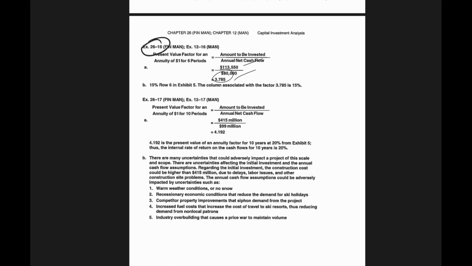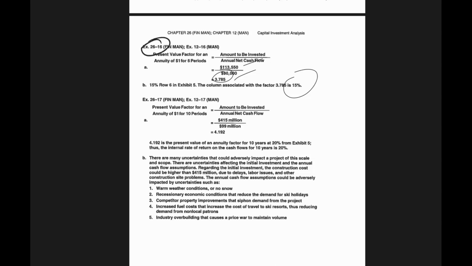And you notice it hits it spot on, of course, 15%. So what this is telling us is this present value factor aligns with 15%. So we can determine the internal rate of return on this proposal is 15%.